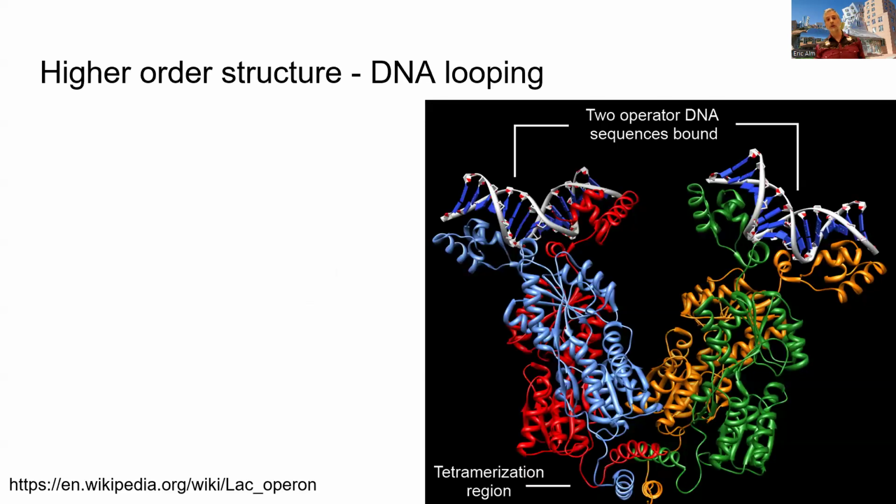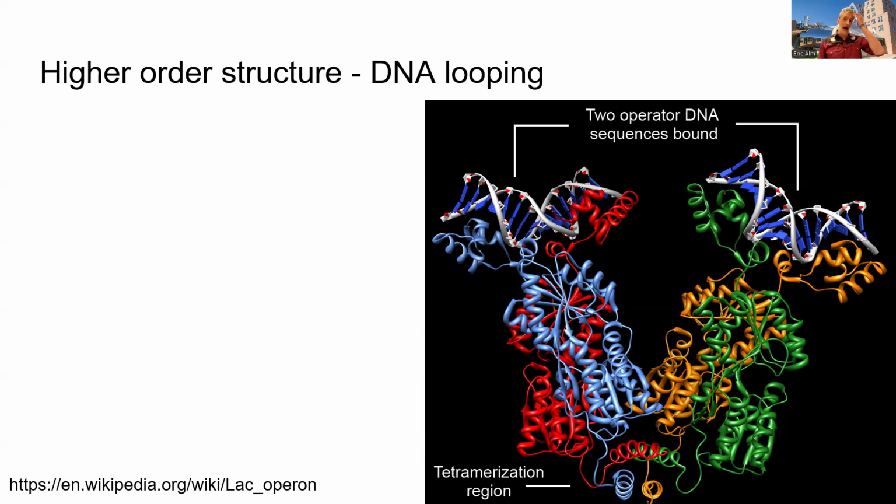All right, so now I want to go back to the protein structure that we looked at last day. That was the lac repressor. What I didn't tell you is that the lac repressor is also known to form higher order structures. We know it forms dimers, but it'll actually form tetramers.